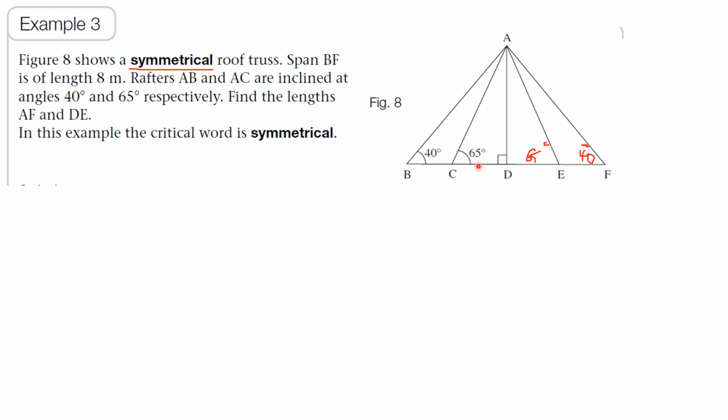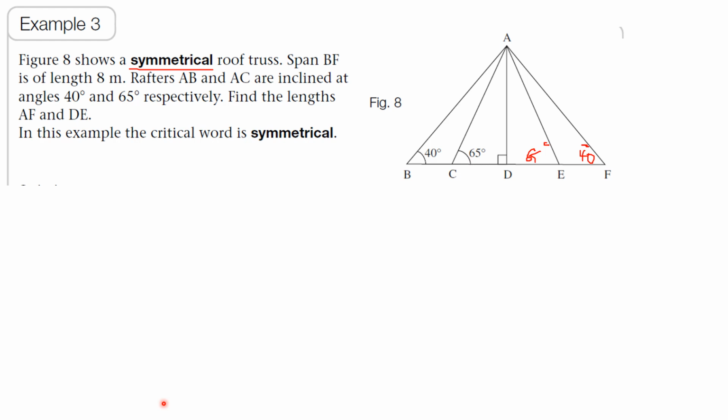So it's going to be 65, 65, 40, 40. And then we also know that AB will be equal to AF, and BD will be equal to DF, because this side is symmetrical to that side. So when they say symmetrical, just know that one side is equal to the other side.